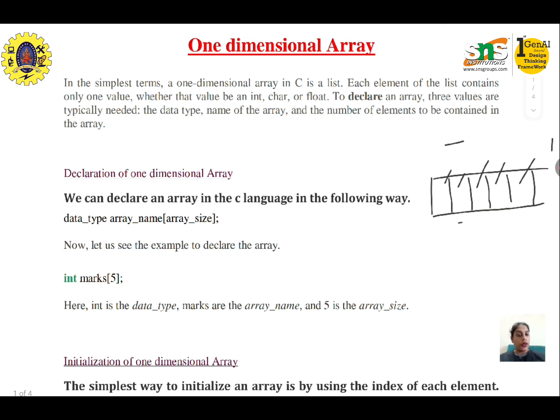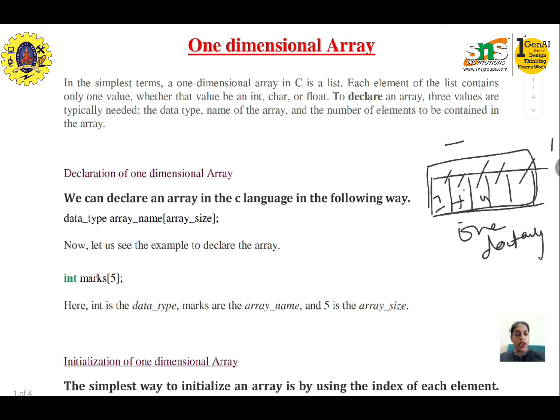Think of this as a box, and in each box we store a single value, and that value can be either an integer or float or character or anything, but this whole array will contain only one data type. We cannot declare multiple data types in a single array. We have to keep remembering this.